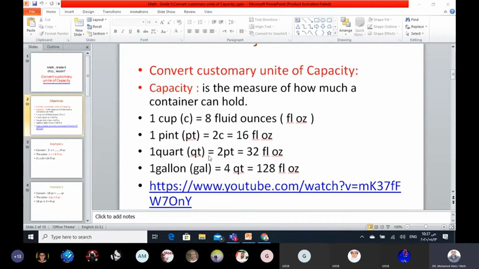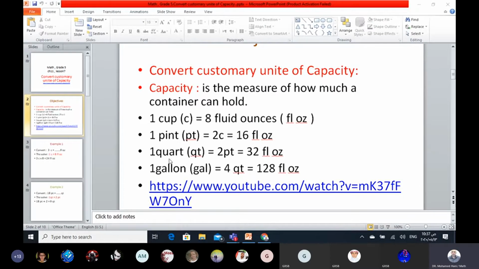The third rule here, we have 1 quart. The symbol here is QT. 1 quart equals 2 pints, and equals 32 fluid ounces.